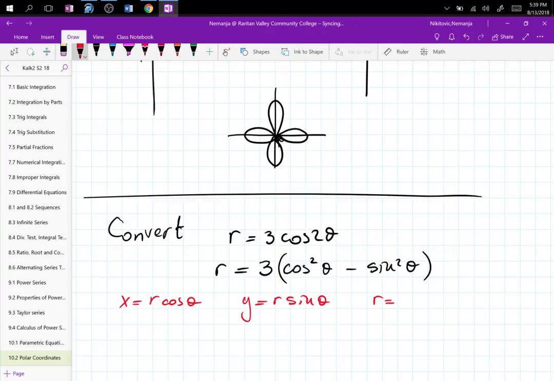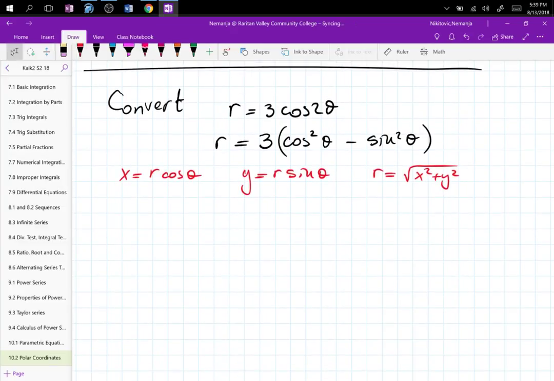And we also have that r is equal to the square root of x squared plus y squared. So let's see what kind of nightmare you're going to get as you plug this in.